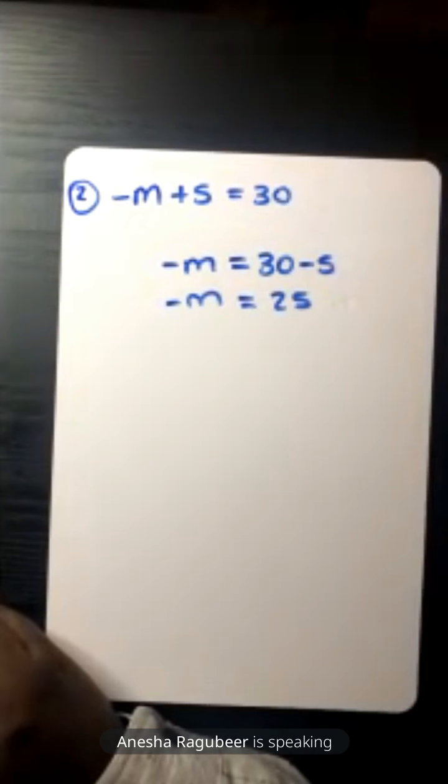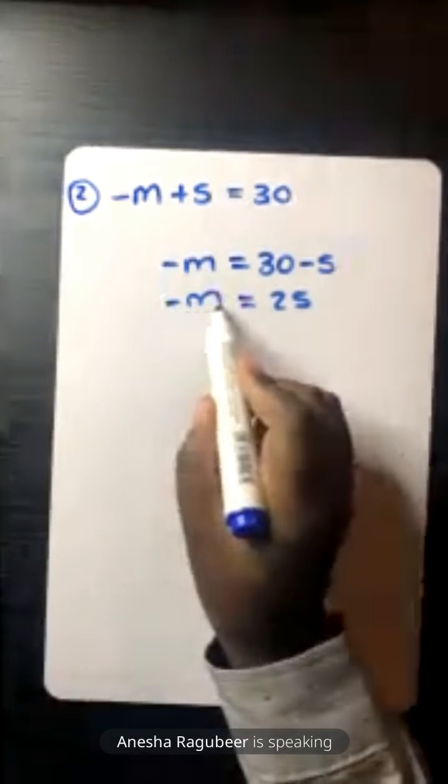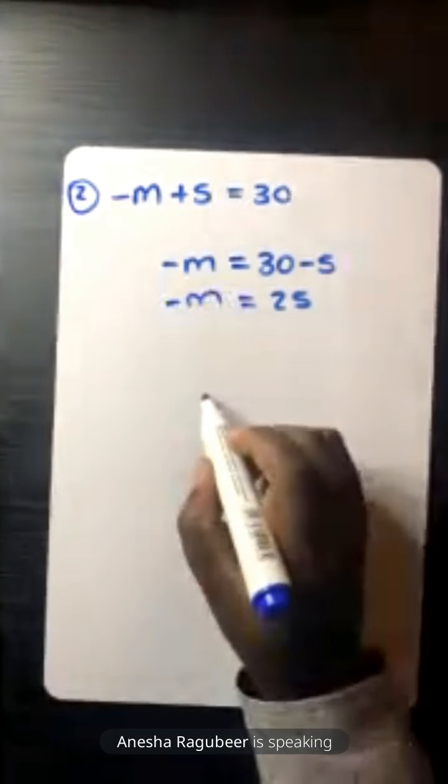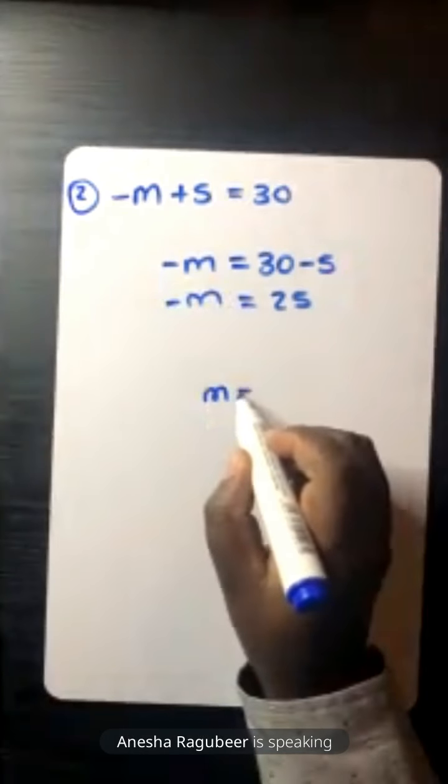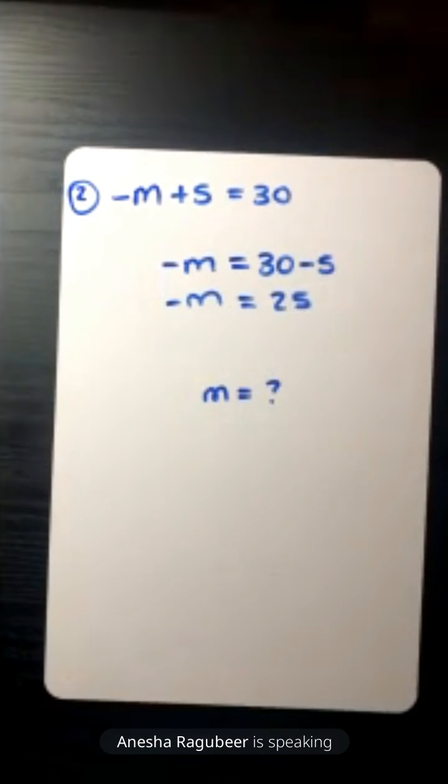And then I think that's all. Remember, Shreyas, because we are solving for the unknown, which is letter M, in the end, you must say M is equal to something.